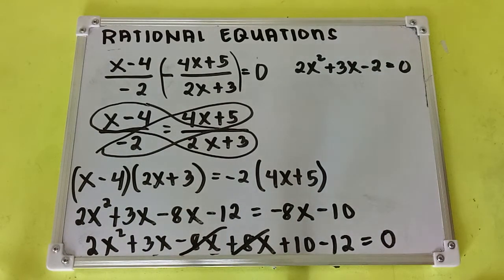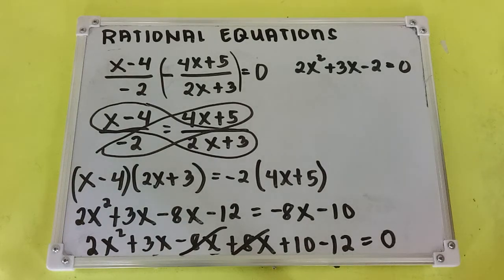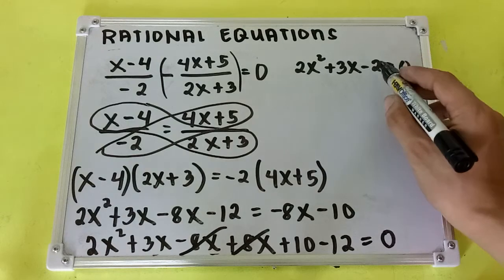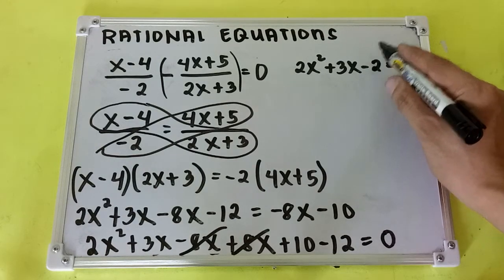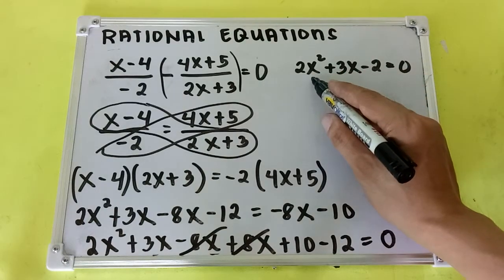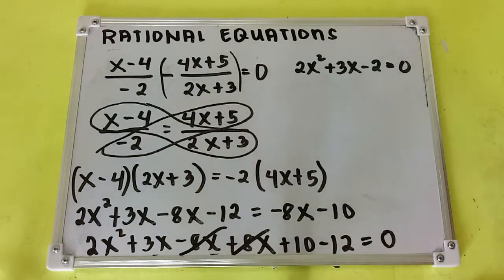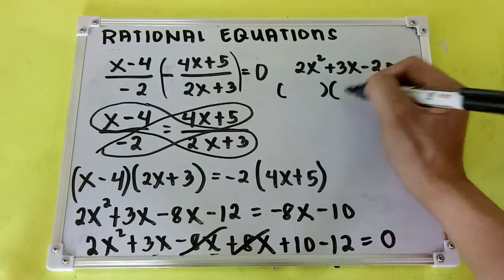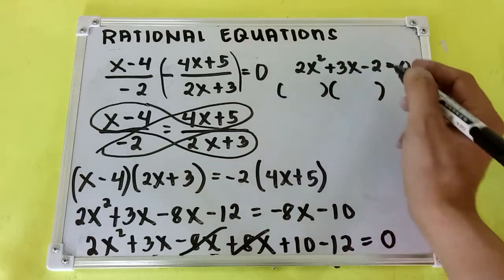So that is now a quadratic expression. So hahanapin natin ngayon, kapag inilipat kasi natin si negative 2 sa kabilang side, hindi pa rin natin mahahanap yung value, kasi meron tayo ditong second degree term. So ang gagawin natin, by factoring. So hanapin natin yung value ni x by factoring.